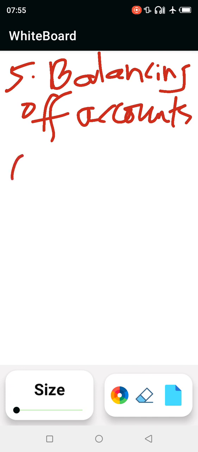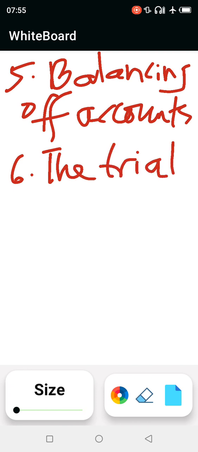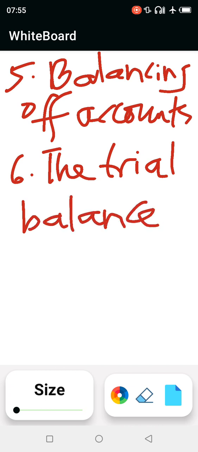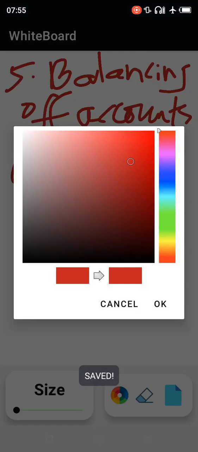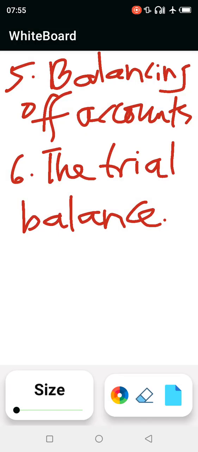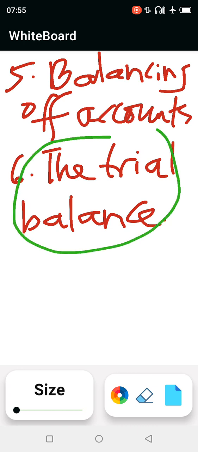And then the last part of our part 1 will be the trial balance. Okay, trial balance. So we look at trial balance. That will be the last content of our part 1.